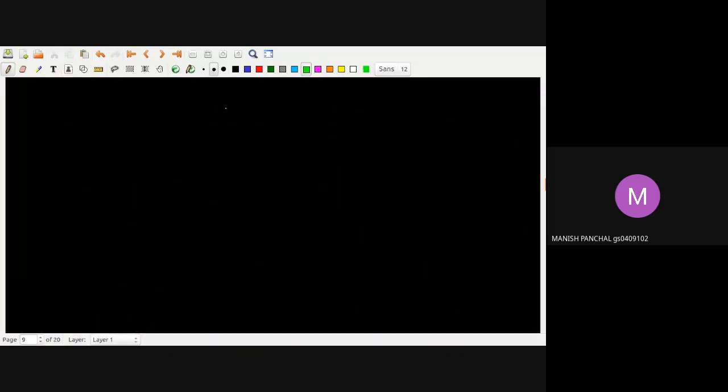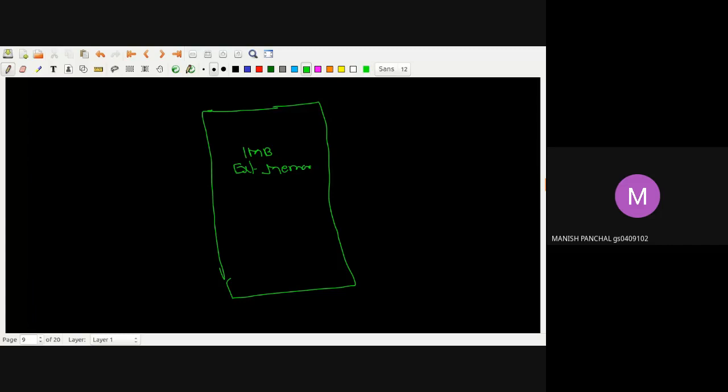Suppose I am saying I have a total memory size of 1 MB, and this 1 MB memory is externally connected to the 8086 microprocessor. It may have a combination of EEPROM and RAM.